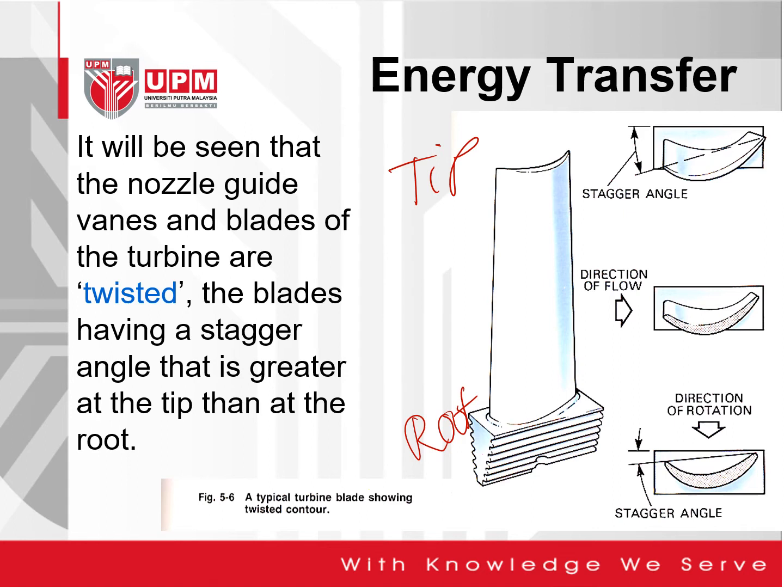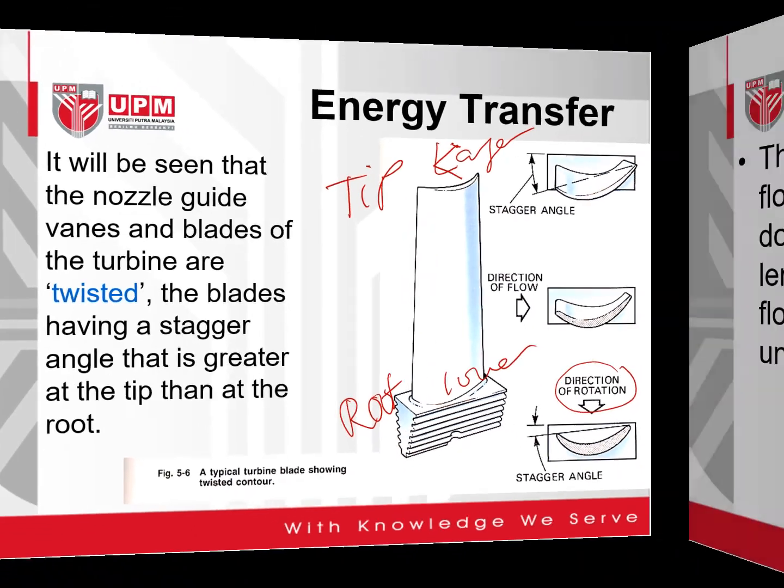If you imagine the direction of rotation shown here, the stagger angle is greater at the tip, which is larger compared to the root, which has a lower stagger angle.